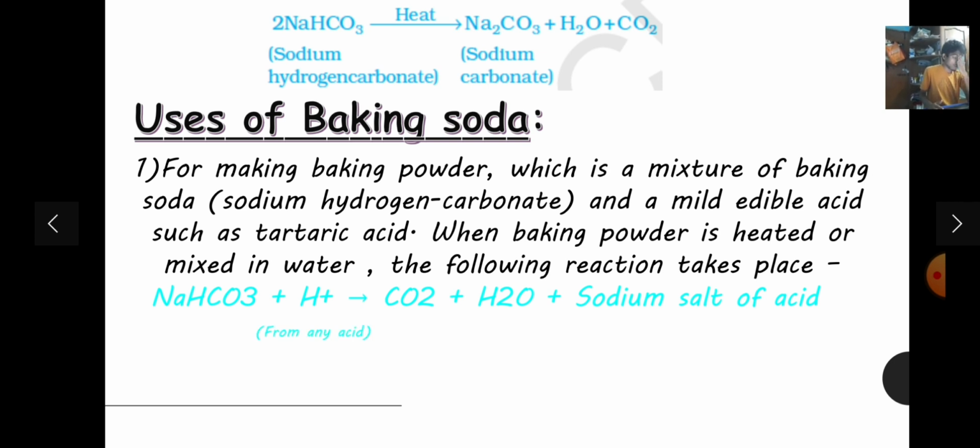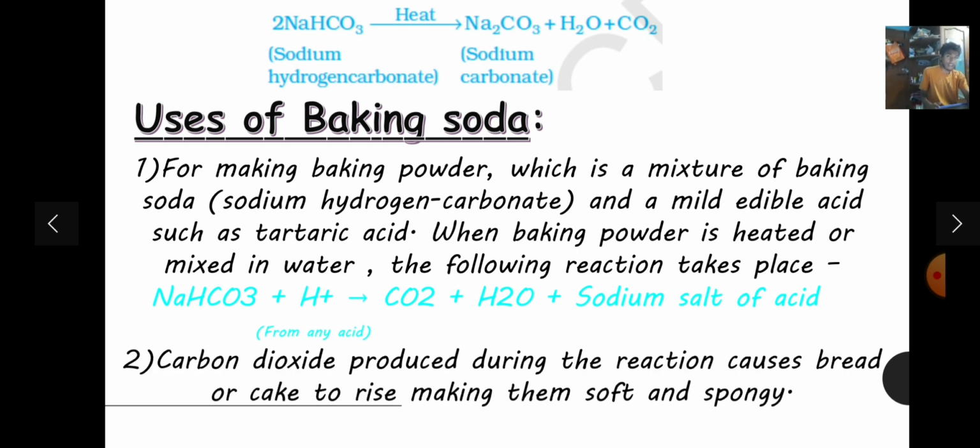So after this reaction we get carbon dioxide, water, and sodium salt of acid. Carbon dioxide produced during this reaction causes bread or cake to rise, making them soft and spongy. It is extensively used in bakeries to make the cake fluffy. Okay, what is used? Baking powder is used, not baking soda.